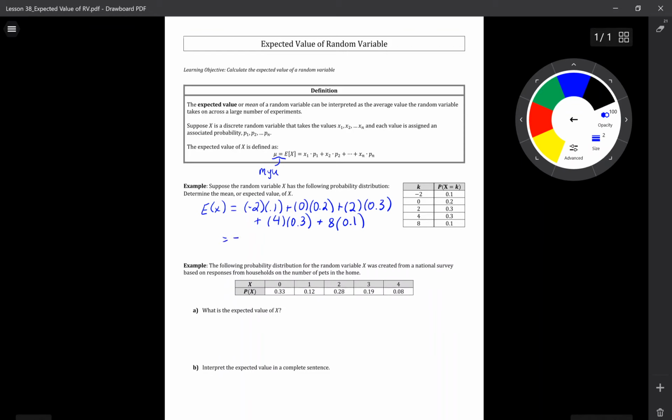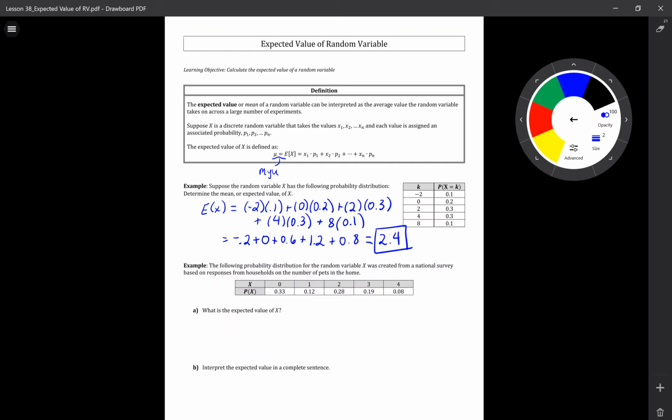So this is negative 0.2 plus 0 plus 0.6 plus 1.2 plus 0.8. And if we add all of these together, negative 0.2 plus 0.6 plus 1.2 plus 0.8, I get 2.4. So this means that the expected value, or kind of the average or mean of this experiment, is 2.4.